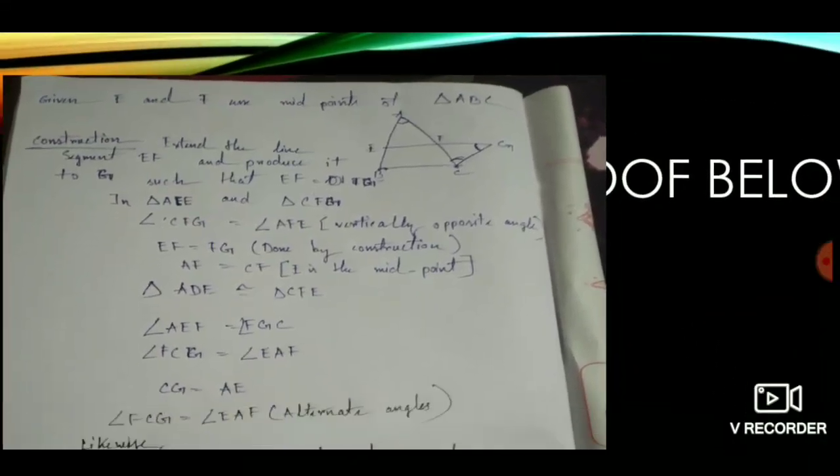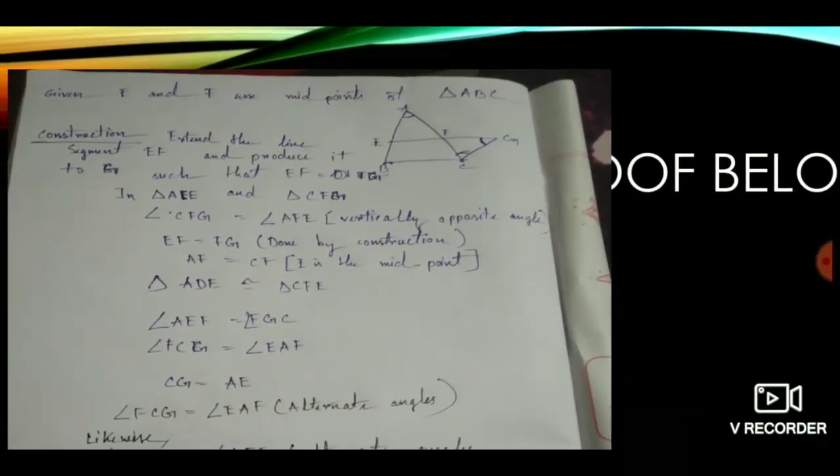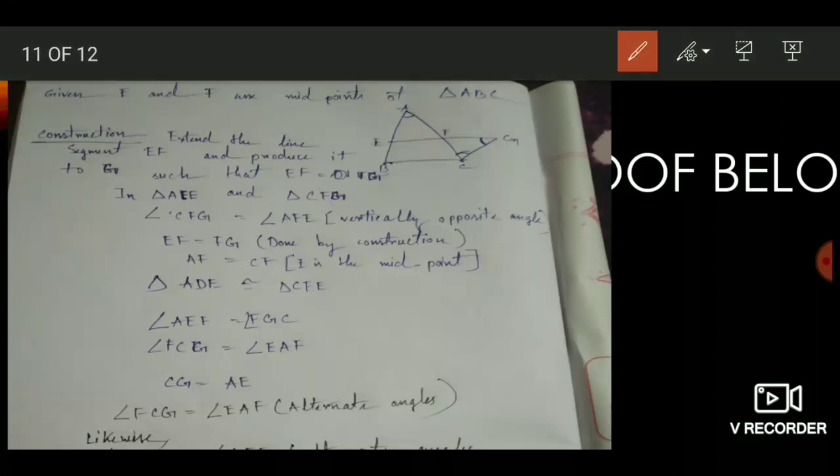Now if AE is parallel to GC, then GC will also be parallel to BE. So can we say that this quadrilateral, BCGE, is a parallelogram, because the opposite sides are parallel as well as equal, and this side will also be parallel.